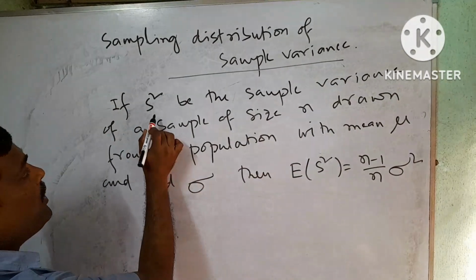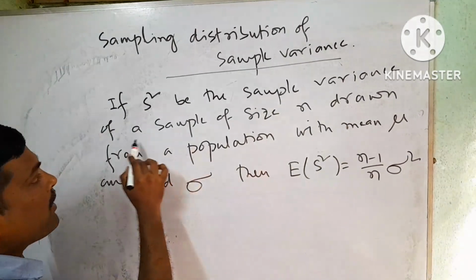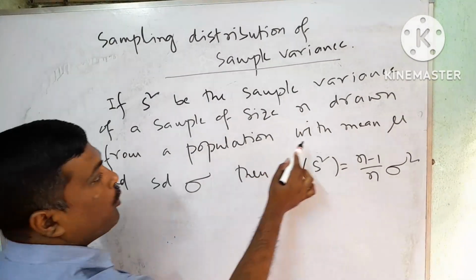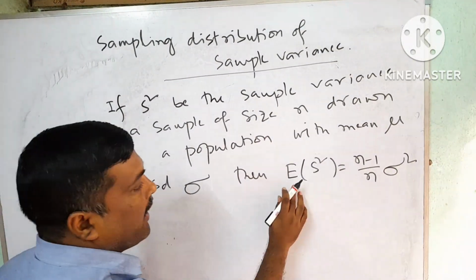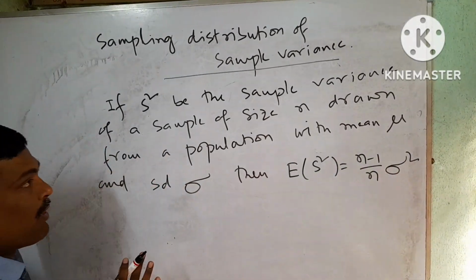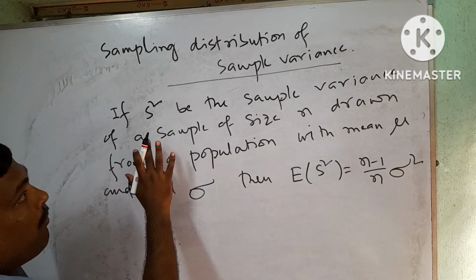Suppose S square is the sample variance of a sample of size n drawn from a population with mean mu and standard deviation sigma, then E of S square equals n minus 1 by n sigma square. This is the sampling distribution theorem for sample variance.